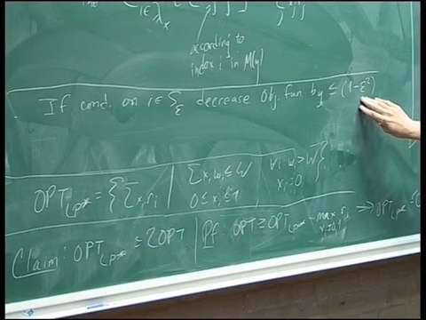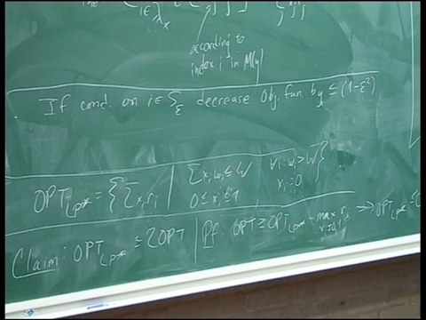We can do this 1 over epsilon times, and we're going to lose something like 1 minus epsilon, which we're okay with.